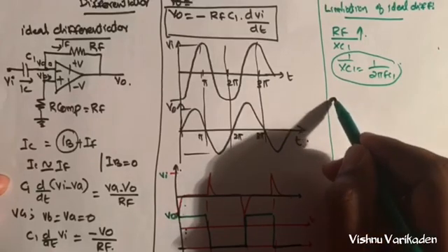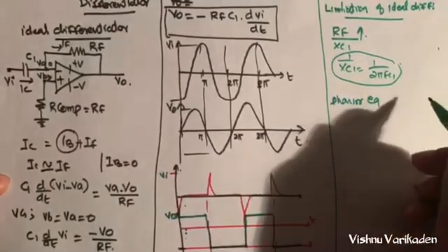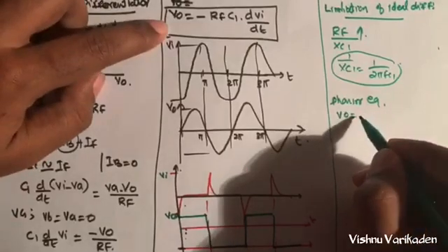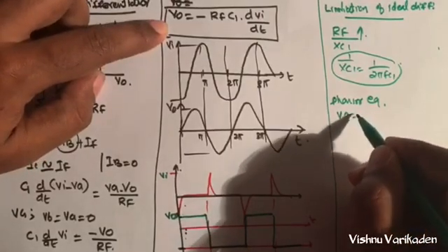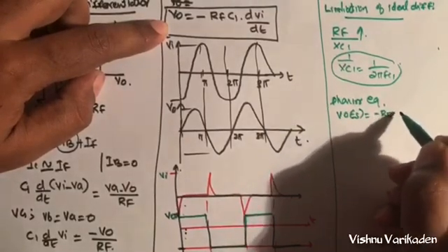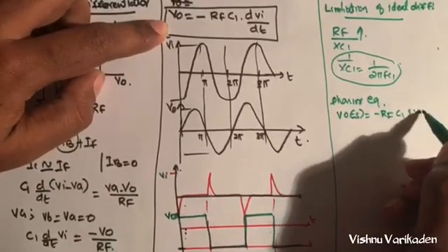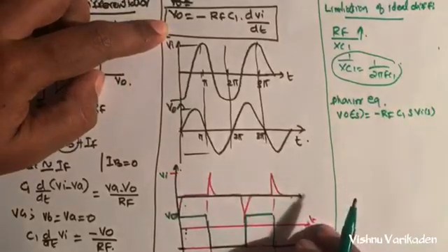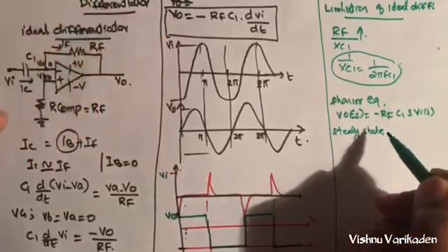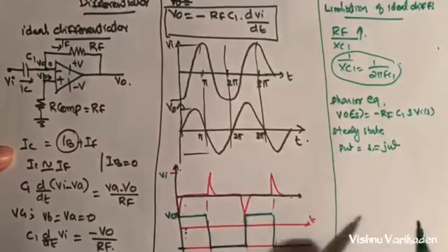So the phasor equation: from the equation, V out of S is equal to minus Rf C1 d by dt, we can write S into Vi of S. So in the steady state, we can put S is equal to j omega.